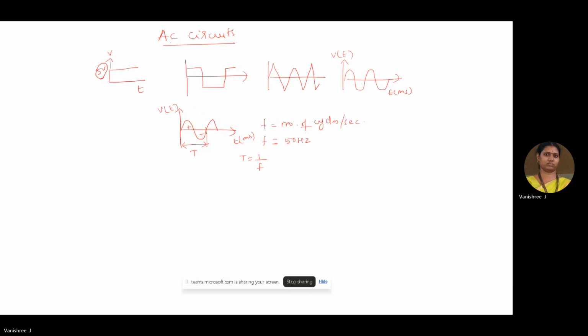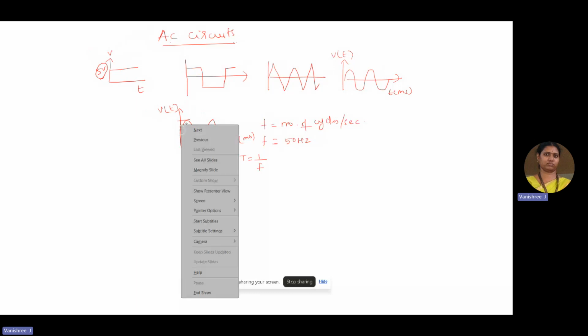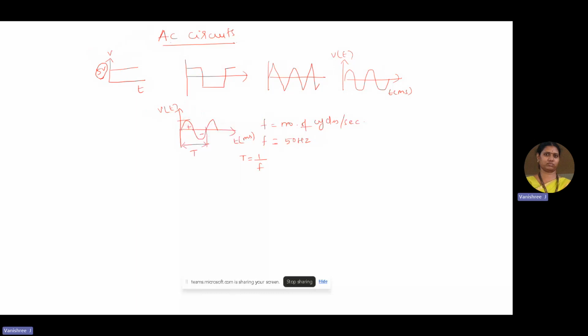Then if you take the waveform, the magnitude of the wave changes from time to time. It starts at 0, reaches its peak value, then crosses the 0 to change from positive half cycle to the negative half cycle, and it completes its cycle.